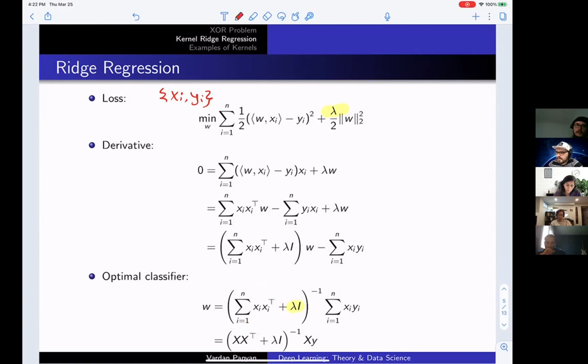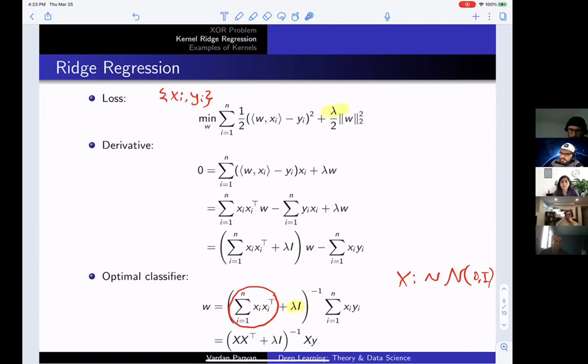Imagine, for example, that your xi were distributed as a normal 0, 1, and imagine that your number of samples was very small, then this quantity might be very far away from the population second moment of an identity, right? So that's a different perspective on why ridge regularization is useful. It's kind of like a regularization of your covariance matrix or second moment matrix. But that's besides the point.